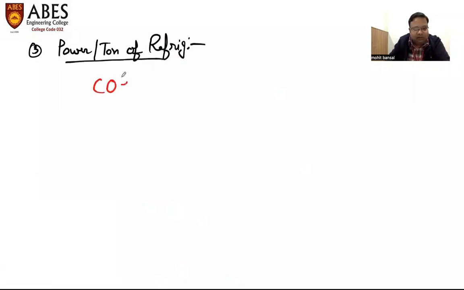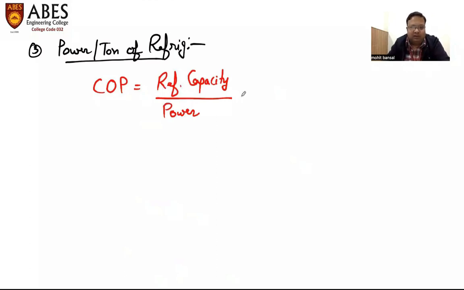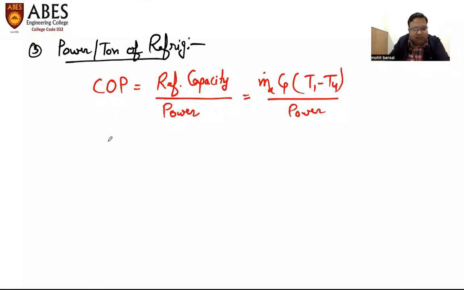We all know COP is equal to the refrigeration capacity upon the power input. Refrigeration capacity we can easily write as m dot A into Cp of air into T1 minus T4, upon this power. So we have to find out this power.